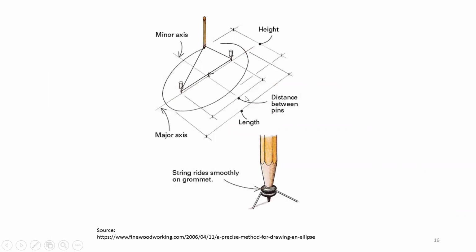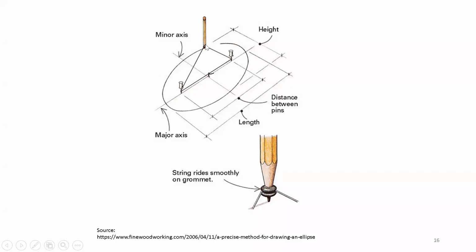You have this paper, and you nail down these 2 points, which are the foci I just talked about. Then you tie a string to these 2 points and also a pencil. The string is a loop, and it forms a triangle like this.